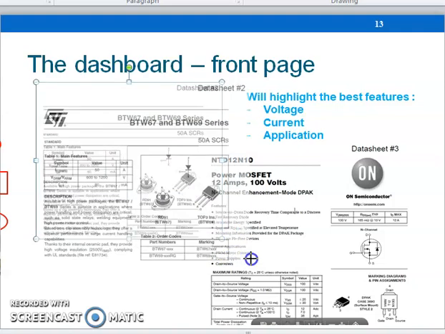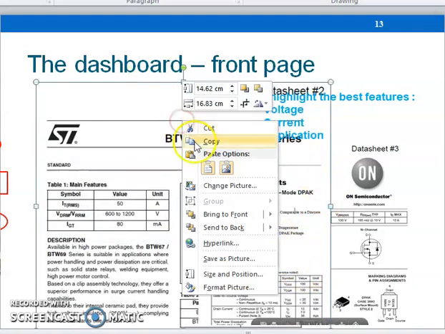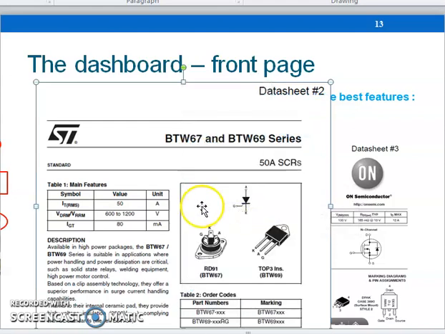So let's say if you refer to datasheet number 2, this is for the SCR or thyristor. So we have BTW67 and BTW69.